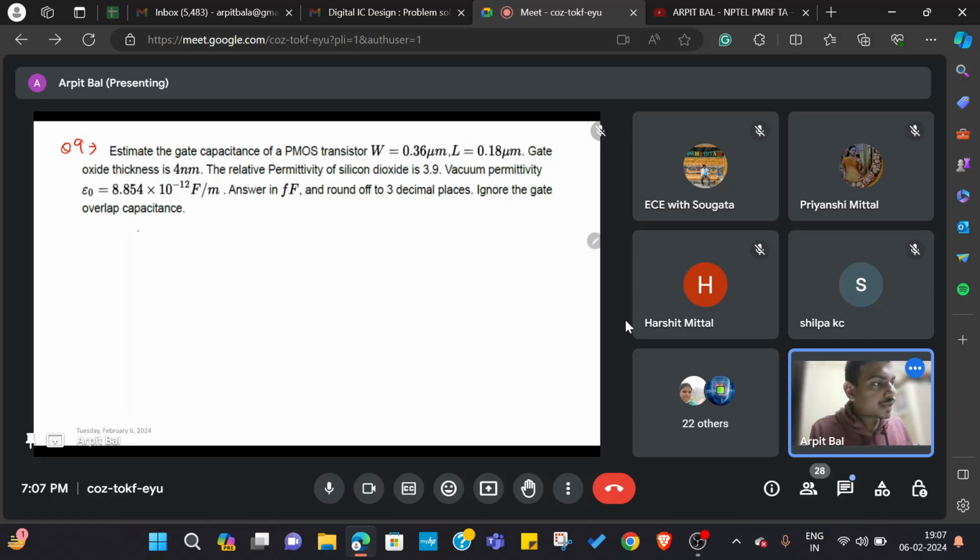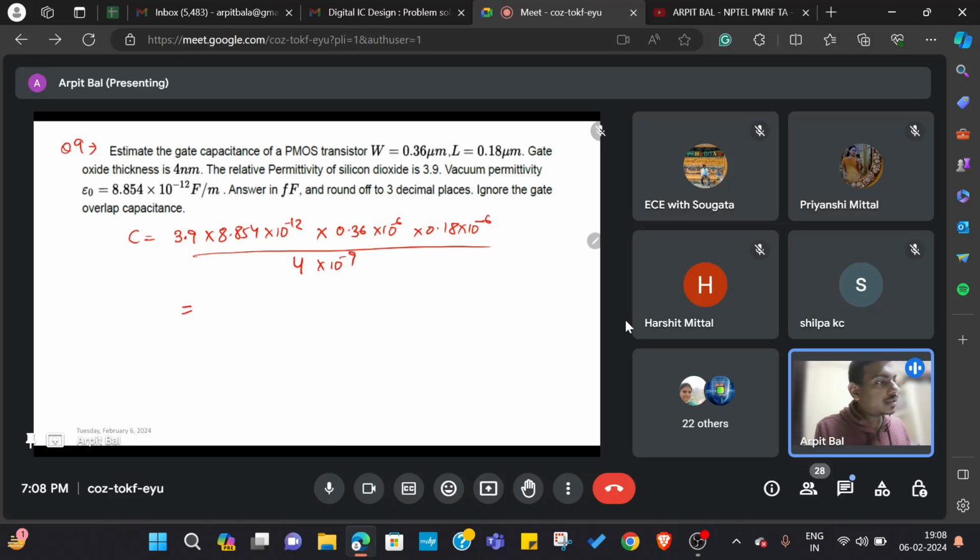So C equals epsilon r into epsilon naught into the area, that is 0.36 into 10 power minus 6 into 0.18 into 10 power minus 6, divided by Tox, that is 4 into 10 power minus 9. Did anyone calculate this?